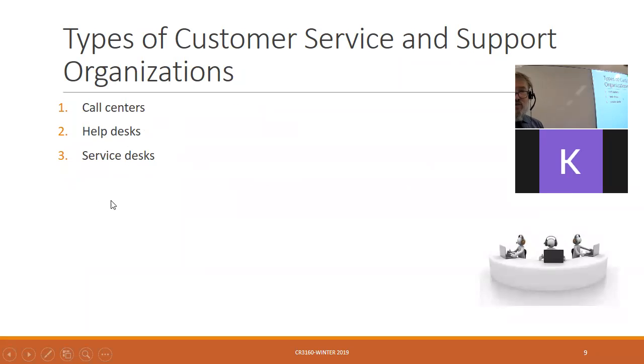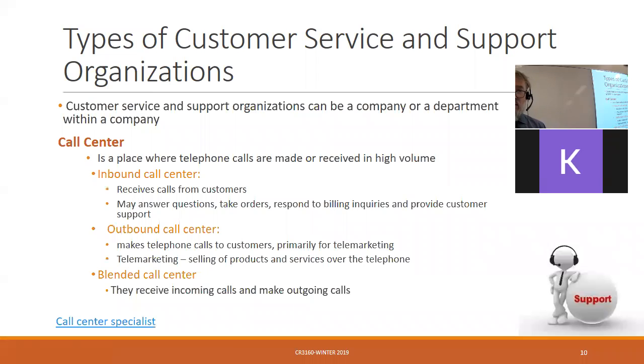I mentioned a few times now already this idea of call centers, help desks, and service desks being three different first points of contact in businesses that show a hierarchy or stratification of support levels, with call centers being more basic support. When we get to the service desks, we're offering a little bit more than what a call center would offer.